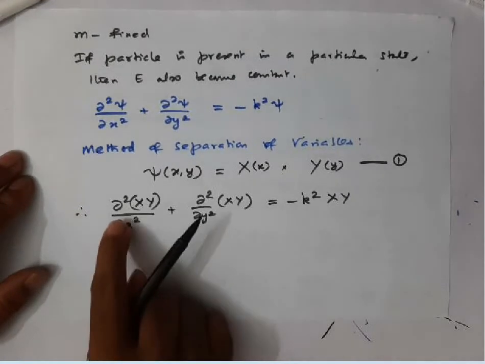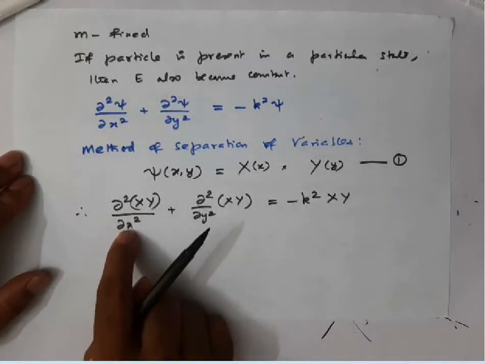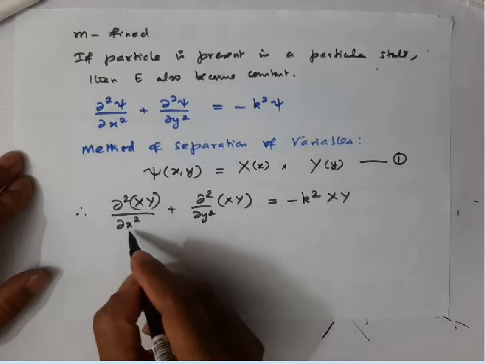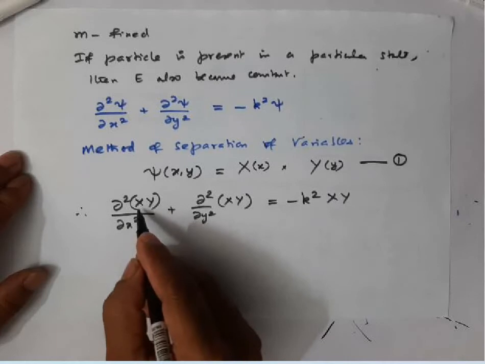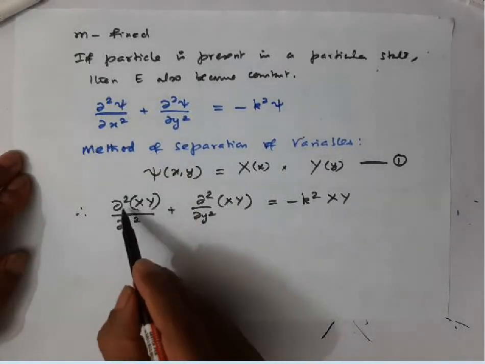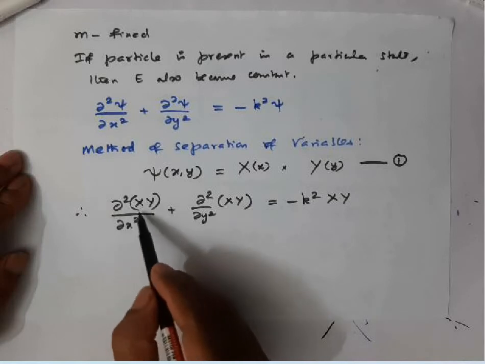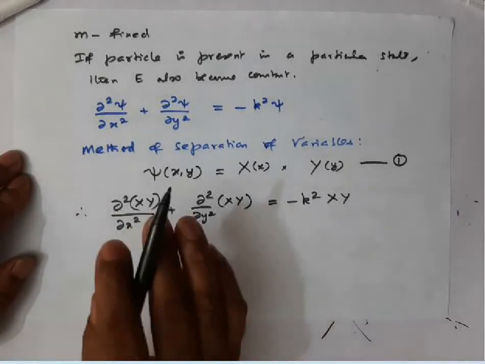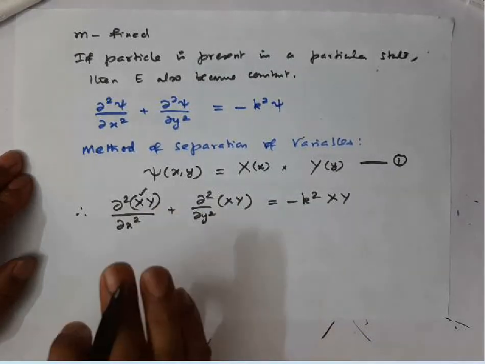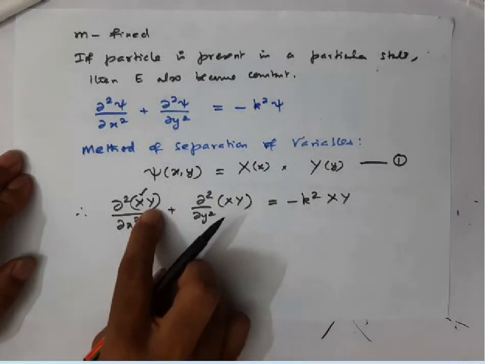Now see here, this operator dou square by dou x square acts only on the function which depends on the variable x. You know very well this function X depends on the variable x, whereas Y depends on variable y.